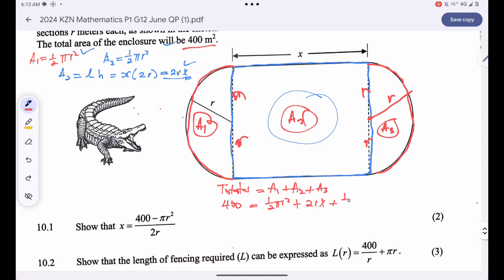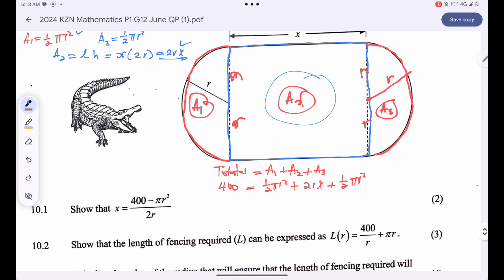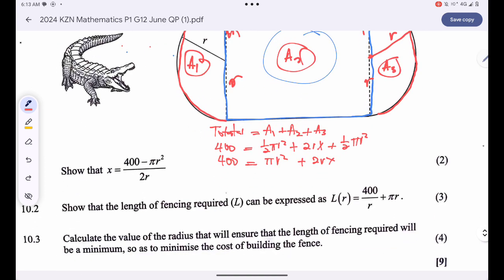And then area 3 is also half pi r squared. Okay, this will simply give me 400 is equal to half pi r squared plus half pi r squared, which will simply give me just pi r squared, and then I still have plus 2rx. I'm looking for x, right? That means I must just isolate x.